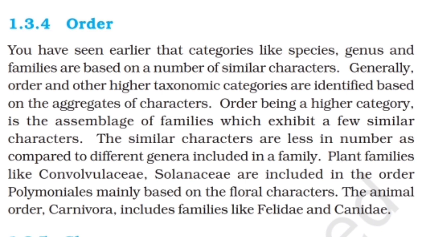The similar characters are less in number as compared to different genera included in a family. Plant families like Convolvulaceae and Solanaceae are included in the order Polemoniales, mainly based on the floral characters. The animal order Carnivora includes families like Felidae and Canidae.